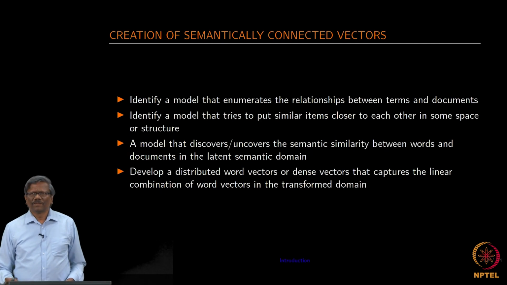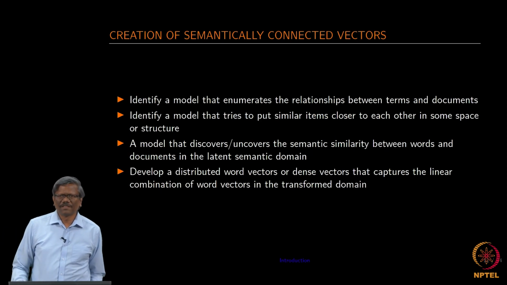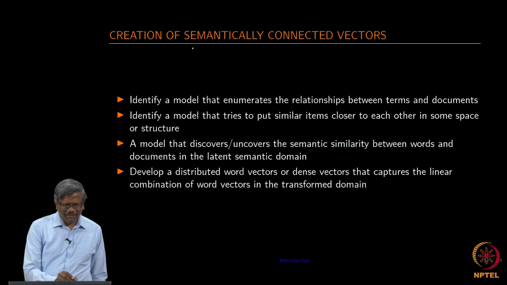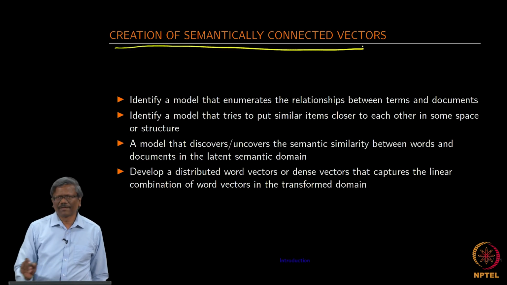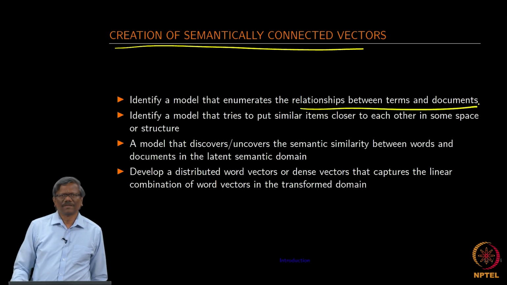Okay. So, once we are able to represent these words in a certain way, can we create semantically connected vectors? Where we want to be able to find the relationship between terms and documents, right.